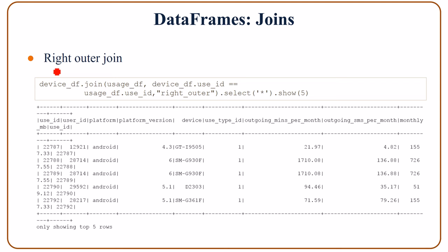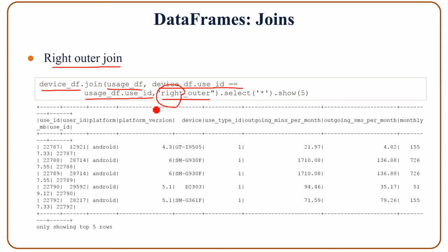Right outer join. In this example, we join device df with users df using the same matching condition, and instead we use right outer or just right. If you just use right, it would be sufficient.